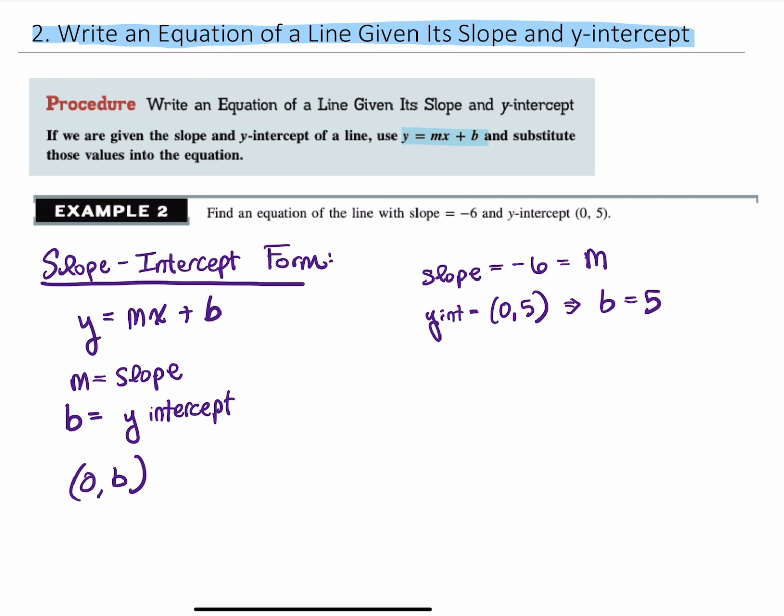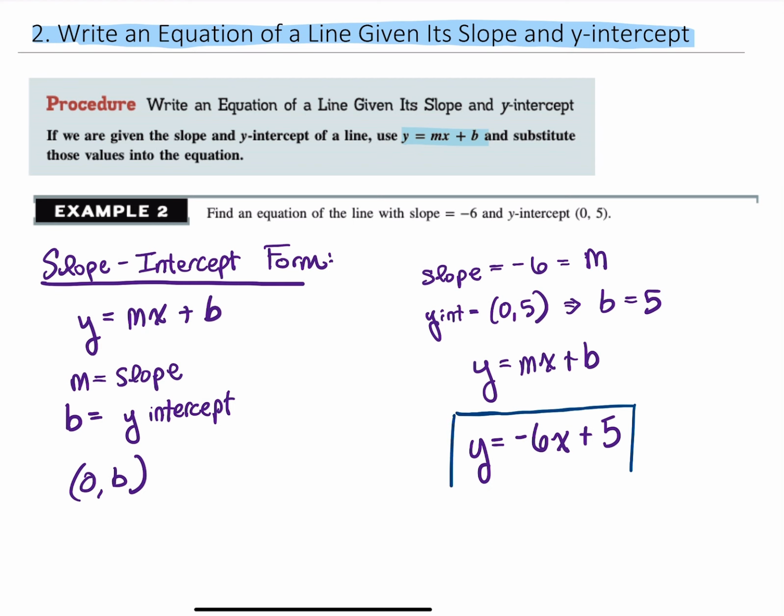So we just need to plug that into our form y = mx + b. So I will substitute in -6 for m and +5 for b. So y equals -6x plus 5. So if you're already given the slope and the y-intercept, you just want to plug into slope-intercept form.